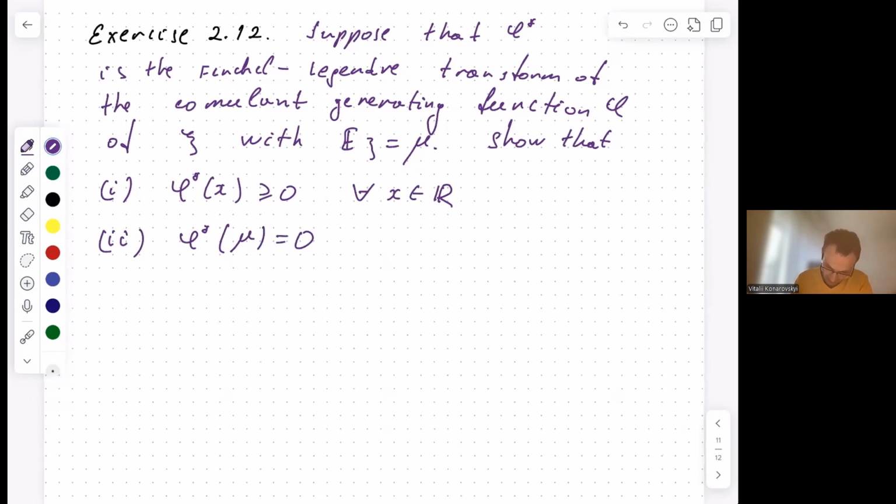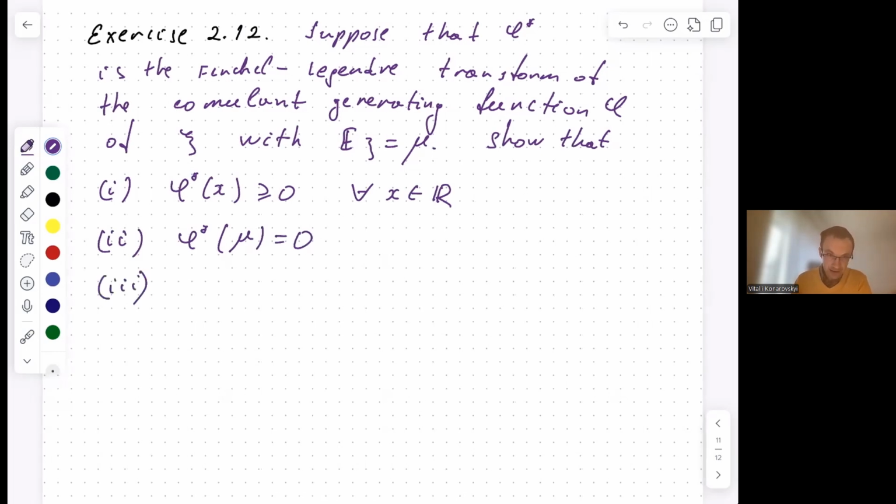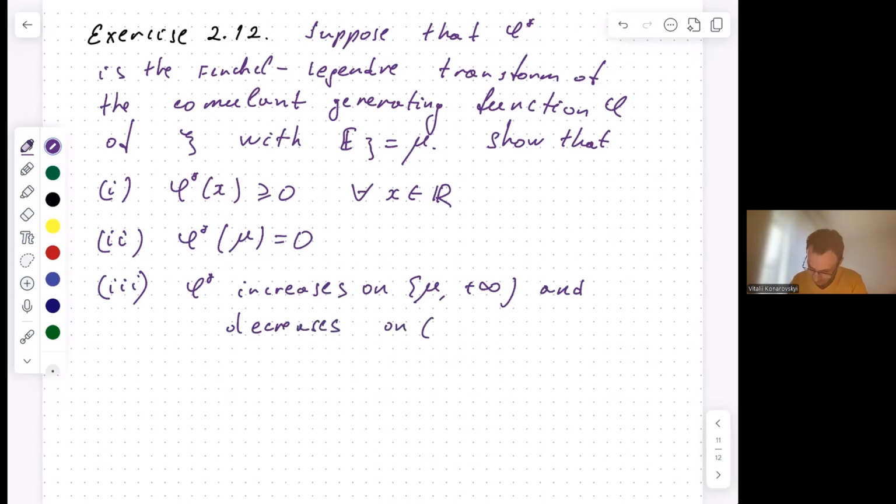The next property is that phi star increases on mu to plus infinity and decreases on minus infinity to mu.